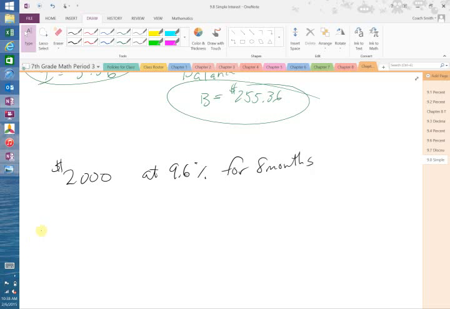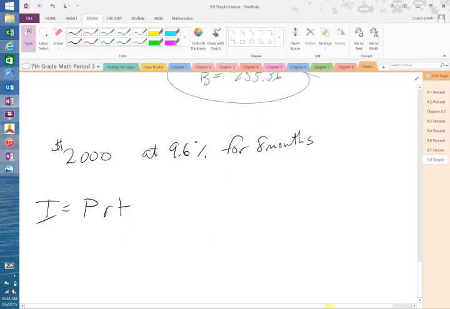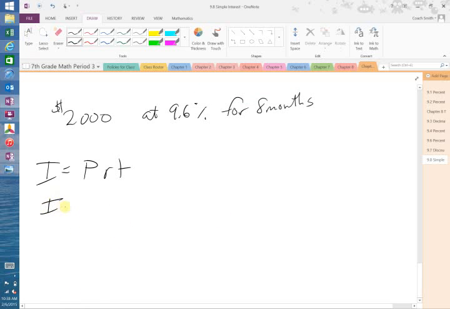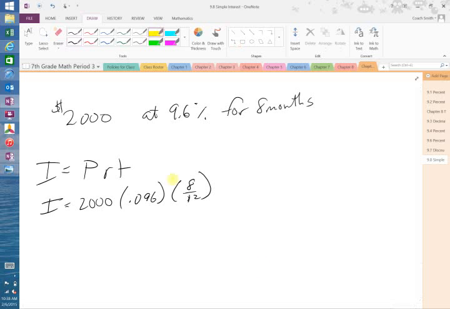Well, we just plug it into the formula. I is equal to PRT. So that means I is equal to 2,000 times 0.096 times 8/12. Well, we can reduce 8/12 to 2/3.